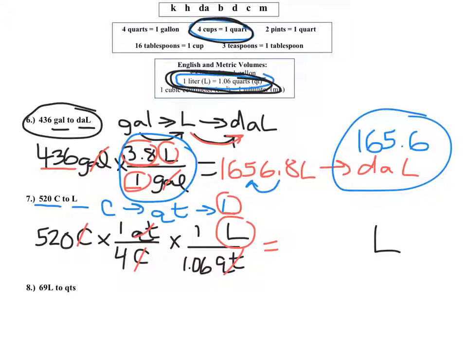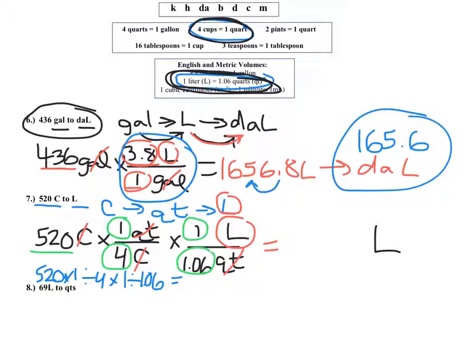If you recall, you always start with the number you have, multiply by the top, divide by the bottom, multiply by the top, divide by the bottom. If I write that out longhand, just to make sure that we're following, it would be 520 times 1 divided by 4 times 1 divided by 1.06.